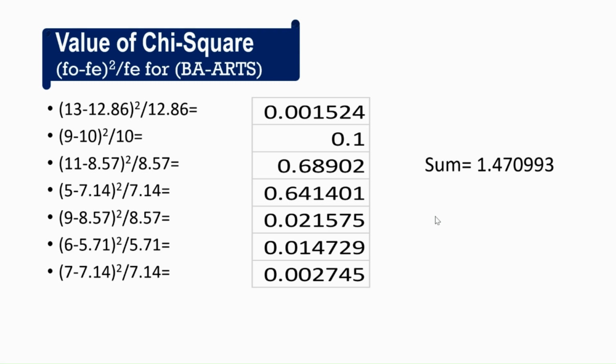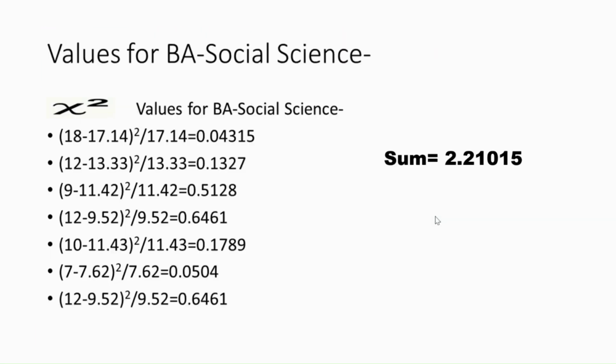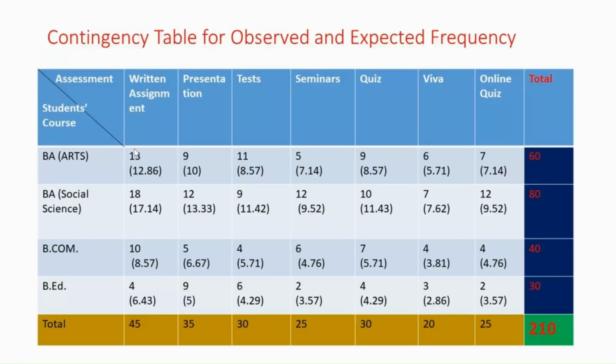Similarly, for the other course, that is BA Social Science, we can get the value of (FO minus FA) squared divided by FA in the same way, and we get here (18 minus 17.14) square divided by 17.14. We can see it in the table for the BA Social Science.